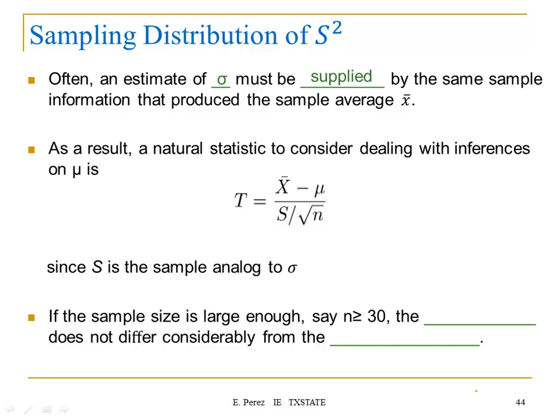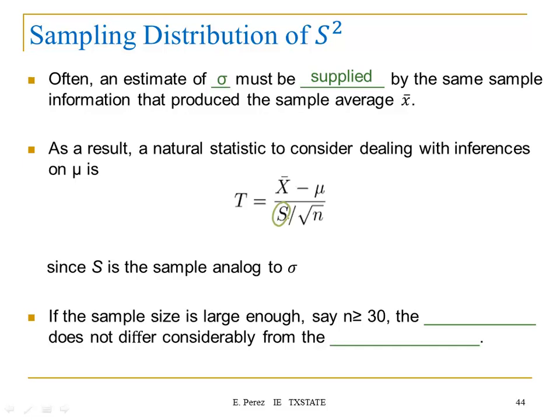Yes. It looks like z, the z value for the Central Limit Theorem. But it has a difference. The only difference is that now we don't know the population standard deviation, and we're going to estimate that standard deviation from the sample. Okay?